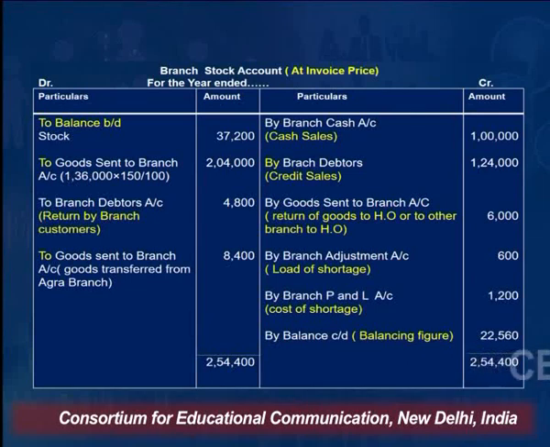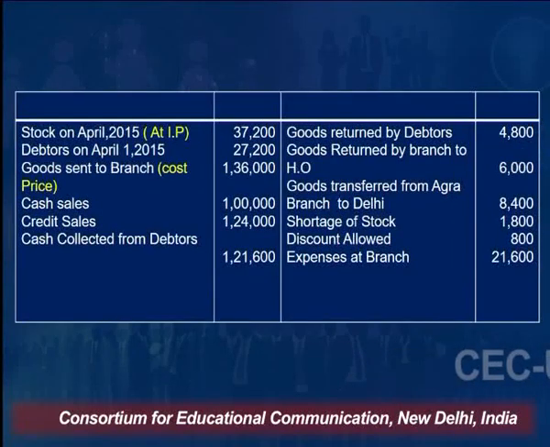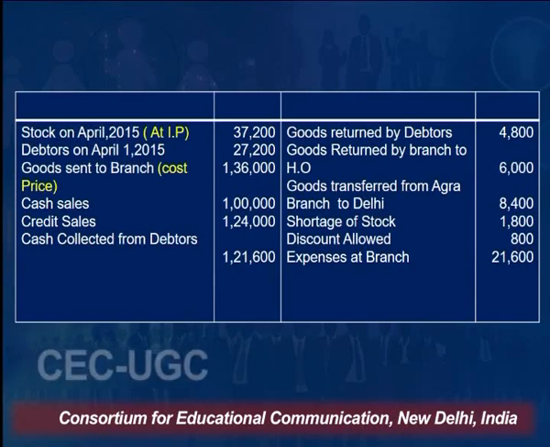And there is one thing given in the question, that is the shortage part. If any shortage is given in the question, that again has to be segregated into two parts, that is the cost part and the loading part. As you can see in the question, it is given that there is a shortage of stock, and the shortage of stock is 1800.